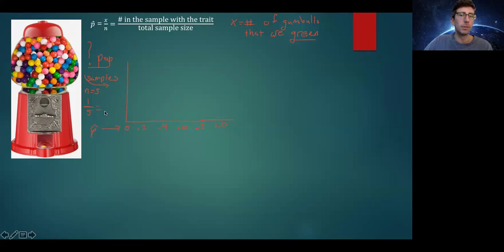So 1 divided by 5 is equal to 0.2. We could make this a dot, or I could make it a little square, maybe make it look more like a histogram that we've seen before. And then maybe the next time I get 3 green gumballs out of 5. 3 divided by 5 is 0.6. So I'd put 1 here.